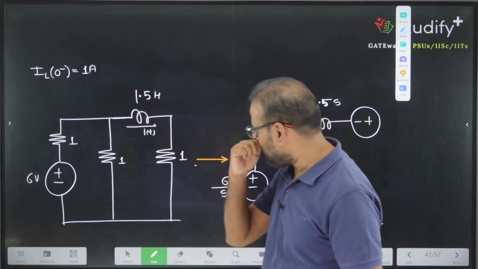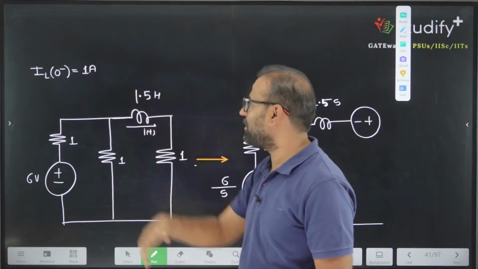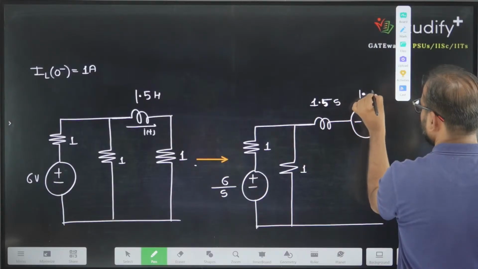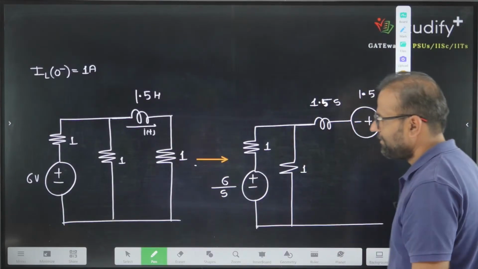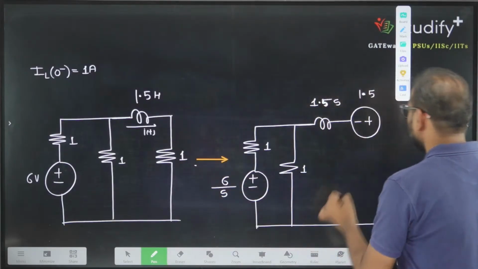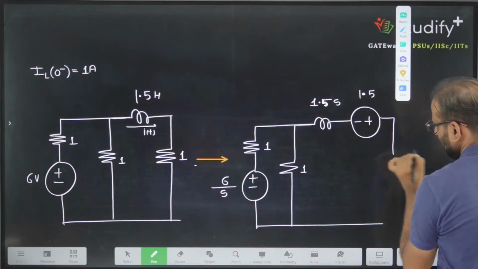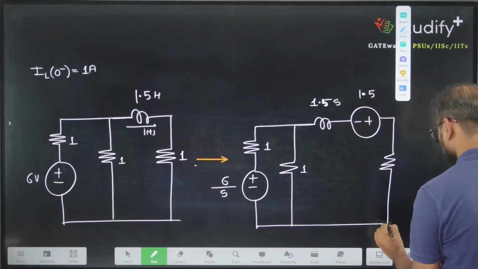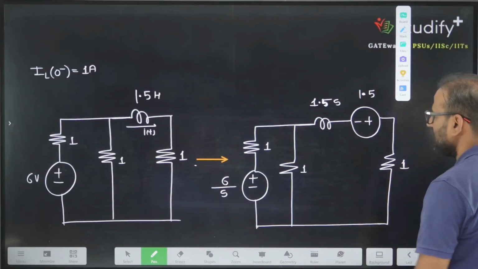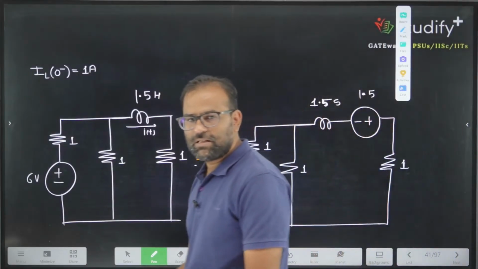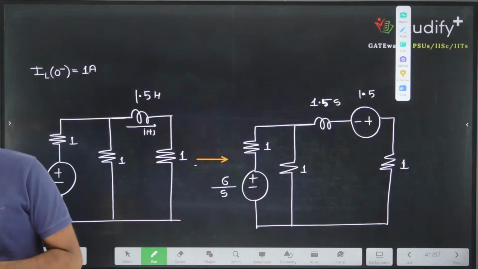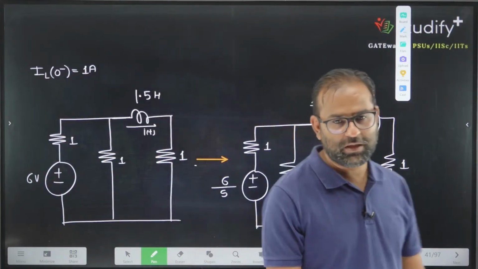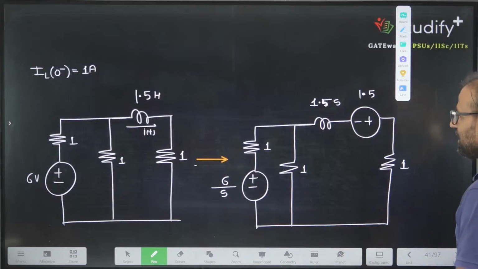The value of L is 1.5 into 1, so this is minus 1.5. What else are we having? Here we are having 1 ohm resistance. This is our circuit for t greater than 0 in the Laplace domain. This is how the circuit will look in the Laplace domain.